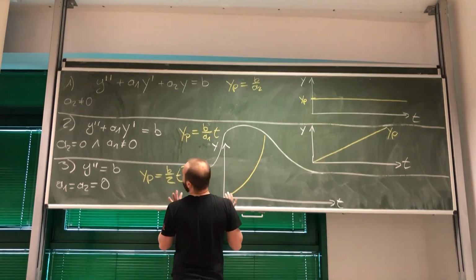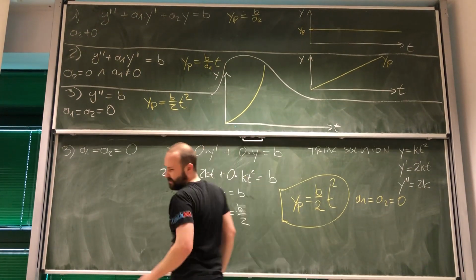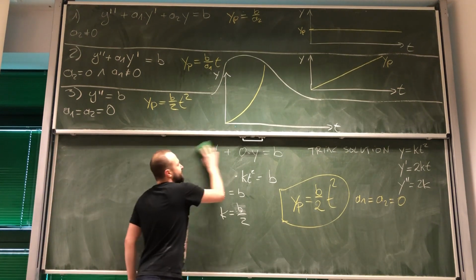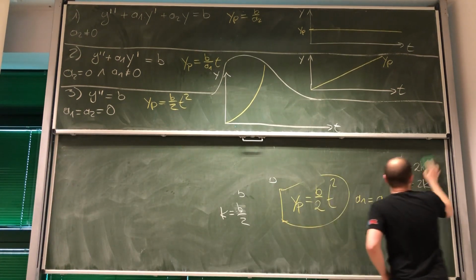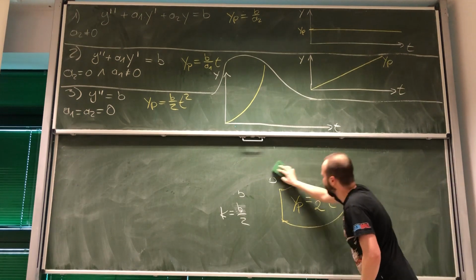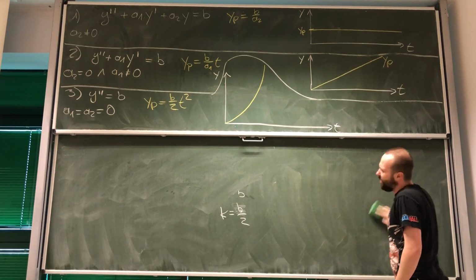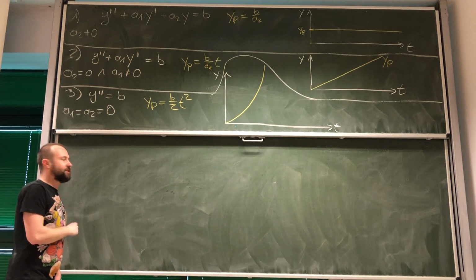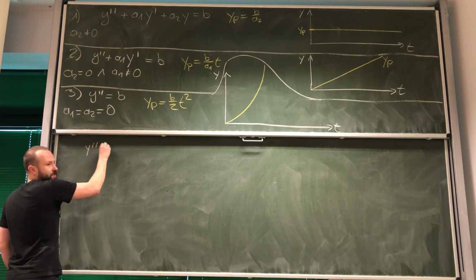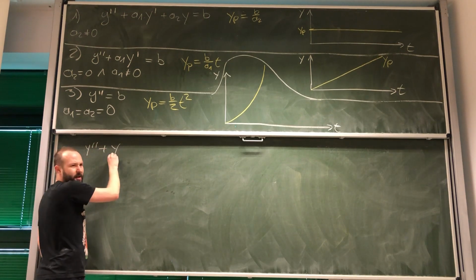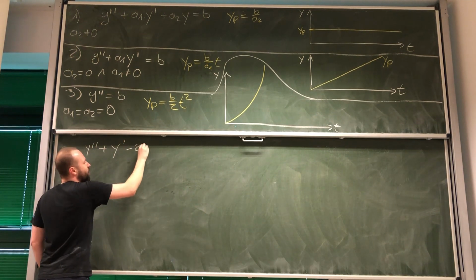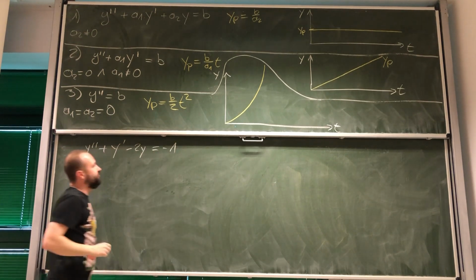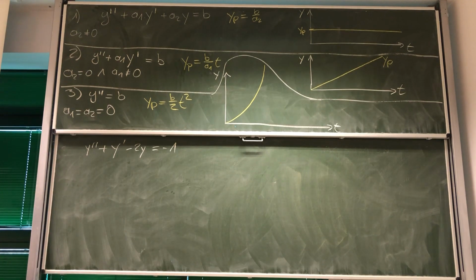Okay, so now that we know all three cases, let's do three examples, one for each of these cases. As you see, there's not much philosophy in it, and you just apply the formula for a specific case. Let's say that we've got the equation y bis plus y prime minus 2y equals -1, right?